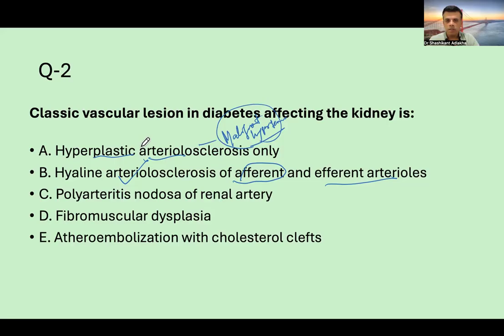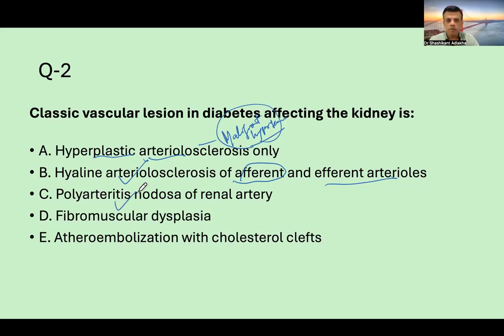That is the classical difference between benign hypertension affecting the kidney and diabetes affecting the kidney. Both cases have hyaline arteriosclerosis, but afferent only in benign hypertension, and afferent and efferent both in diabetes mellitus.